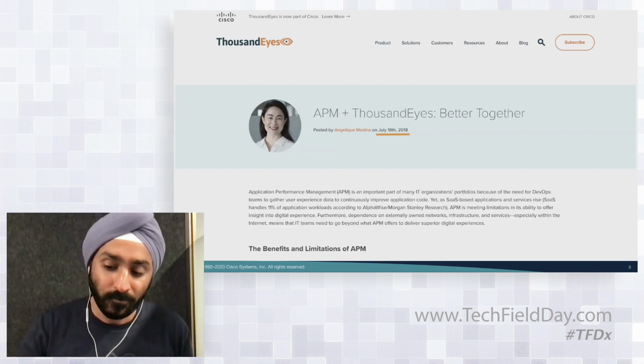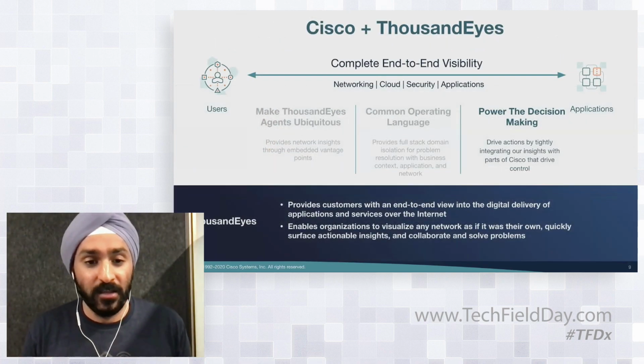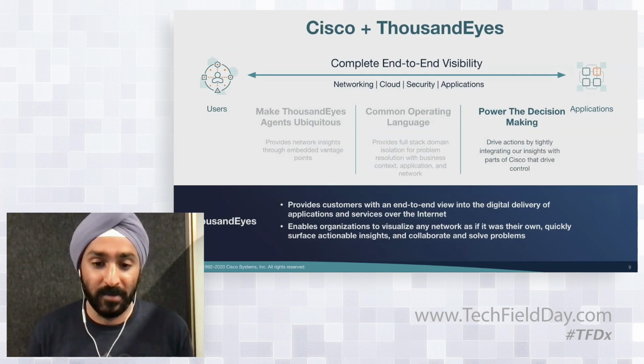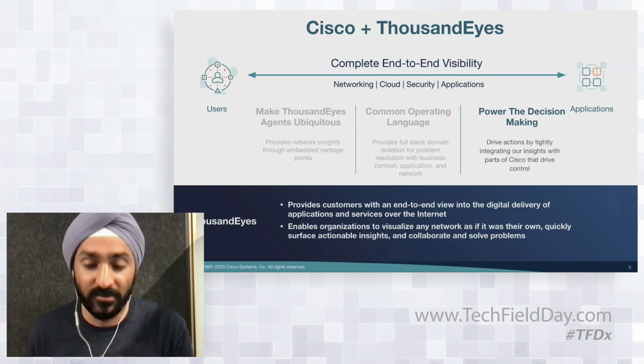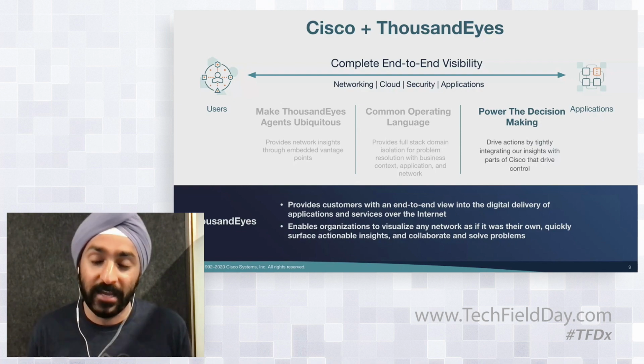And then thirdly, as we look to make agents more ubiquitous across the corporate IT landscape and make it easier for customers to get the visibility that they need, we want to provide the ability to understand gaps in visibility across the full stack.